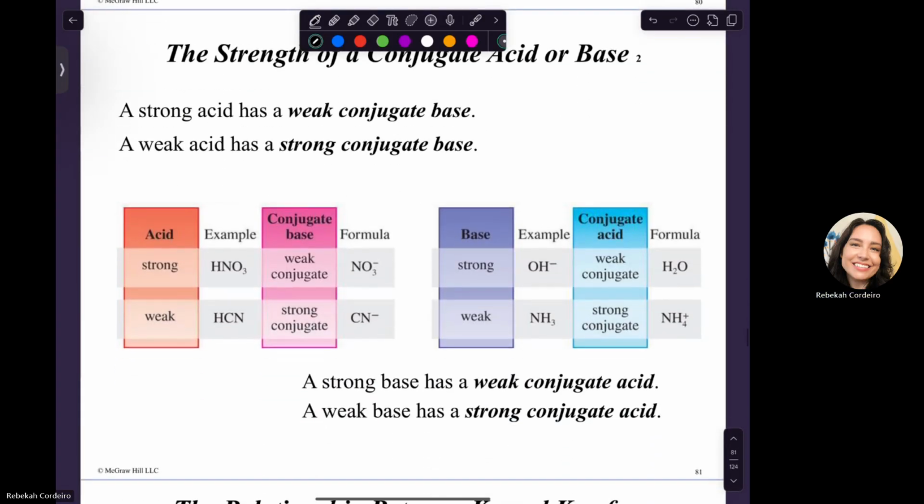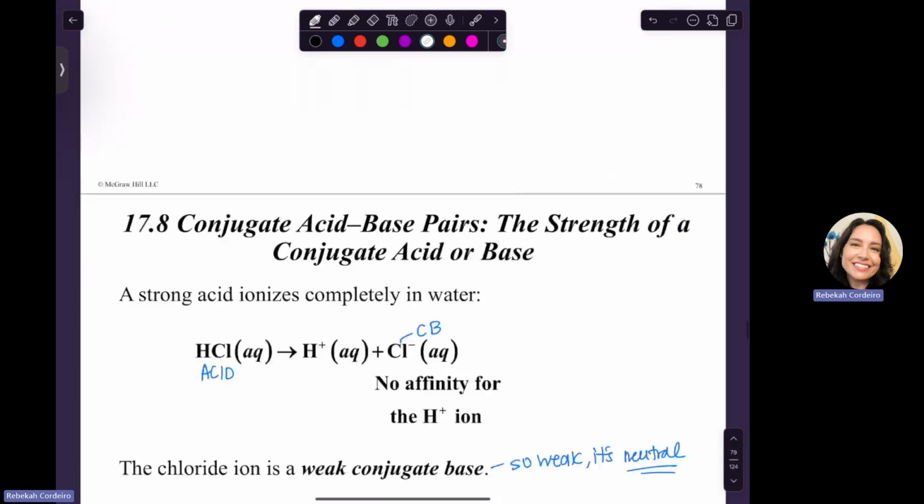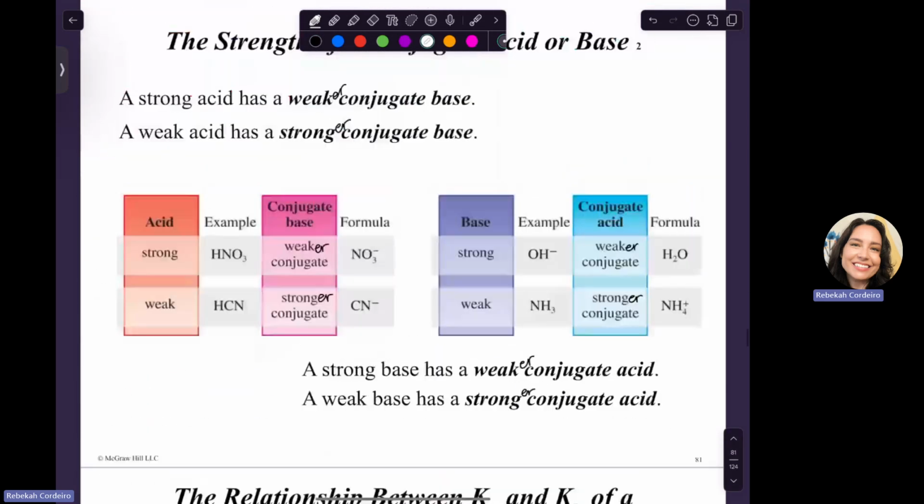So here, a strong acid has a weaker conjugate base. A weak acid has a stronger one. It's not strong, it is stronger. Weaker, stronger. And by weaker, I mean not at all even basic. For a strong acid, maybe I should change this: the conjugate base is not really even a weak conjugate.